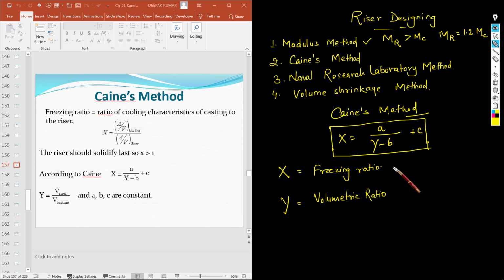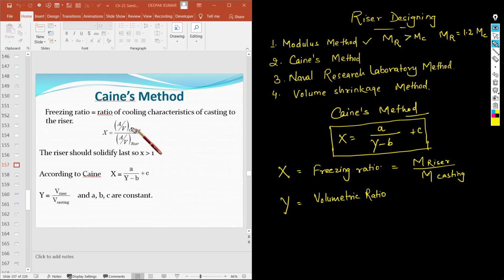Now the freezing ratio is given by modulus of riser divided by modulus of casting. If we can remember this one, actually this is not the definition; rather the definition of freezing ratio is the ratio of cooling characteristic of casting to the riser.